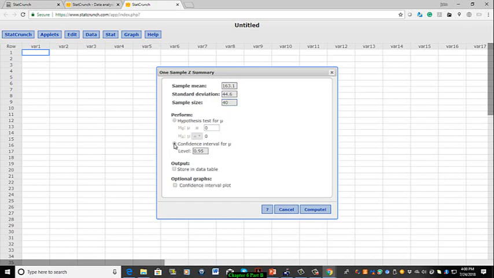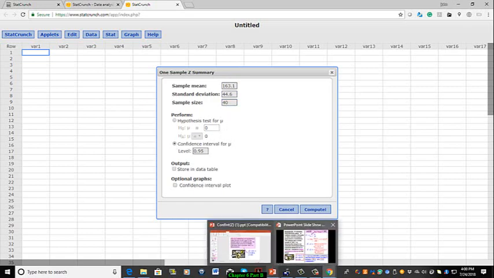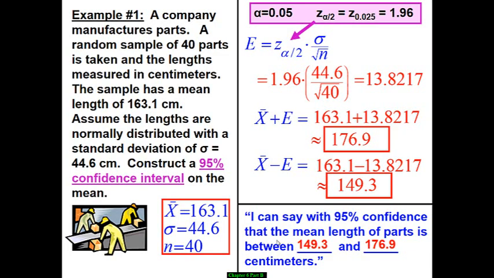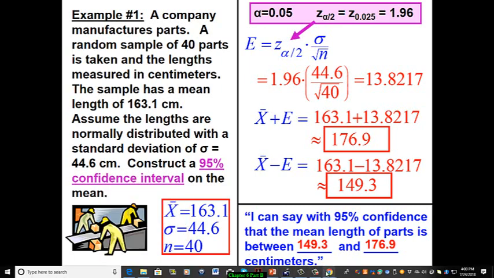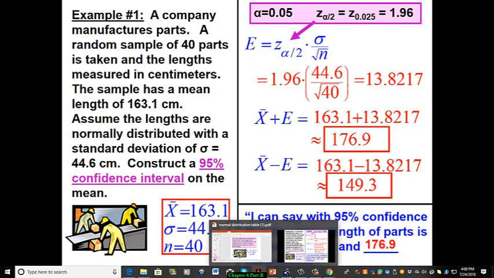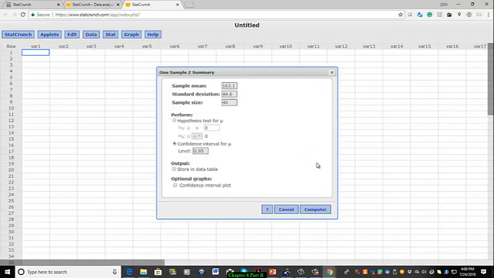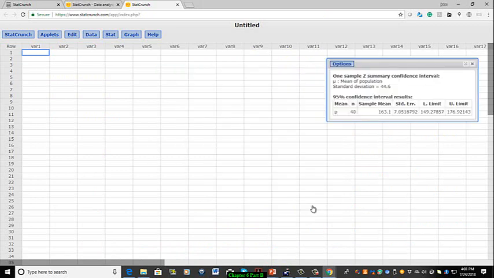Now we want to find confidence intervals, and our confidence level in this case is 95%, so we put in 0.95. It's already in there. Now we hit compute.